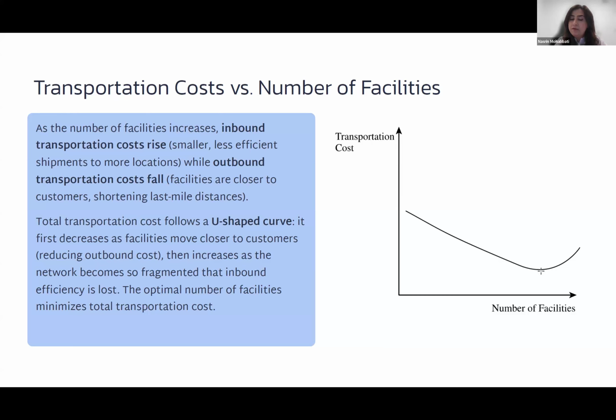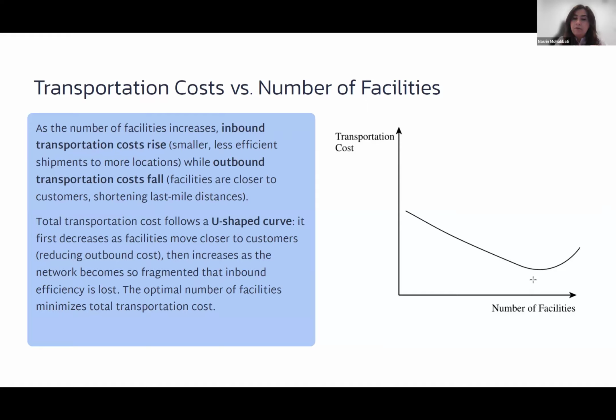At some point, we get to the minimum cost. After that point, by adding more facilities, we are increasing the transportation cost. And the reason is that when we are adding more facilities, it means that inbound transportation cost will increase.